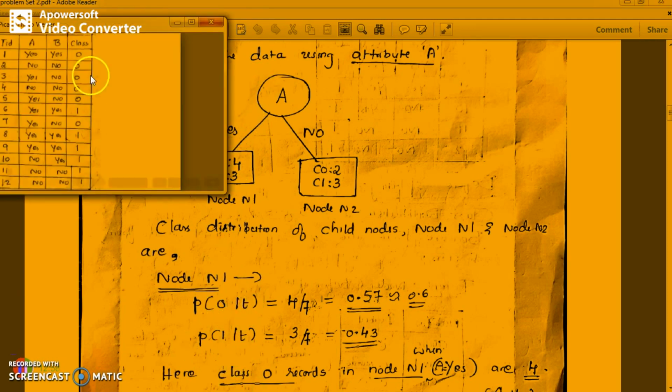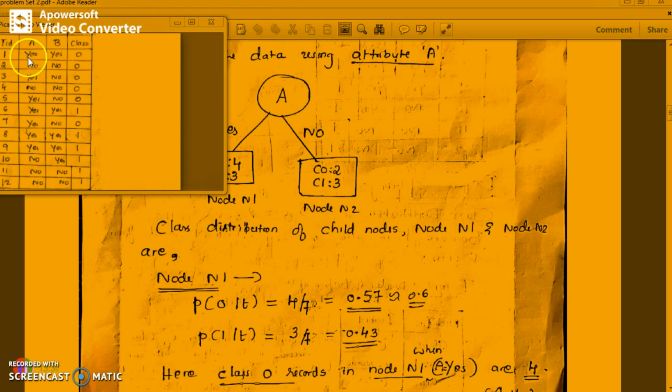So we'll see in our data set first how many records have attribute value A equal to yes. I'm calculating here the number of records belonging to class 0, right? But I'm just looking at A value equal to yes, correct? A value is equal to yes, the number of records belonging to class 0 then.